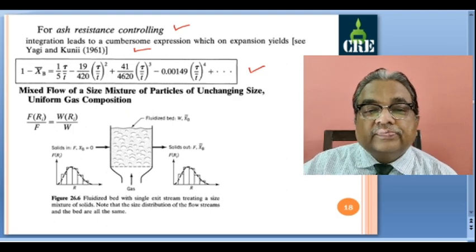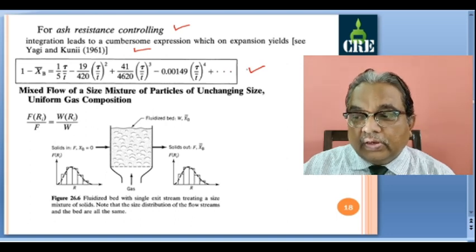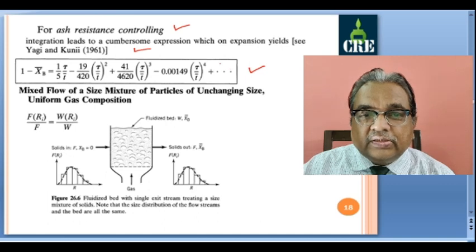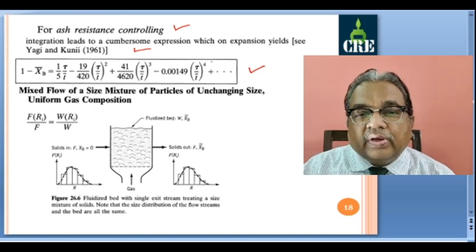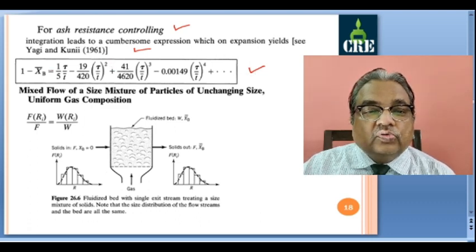So whatever ratio this comes out to be. This expression for ash layer diffusion resistance controlling for mixed flow of solids of single unchanging size and uniform gas environment, you will have to use. So only these coefficients are different in all these cases.